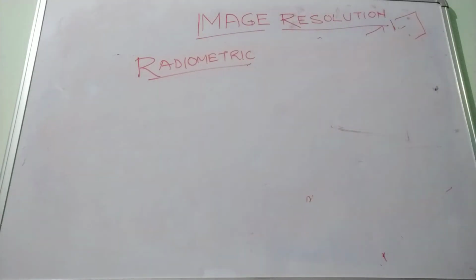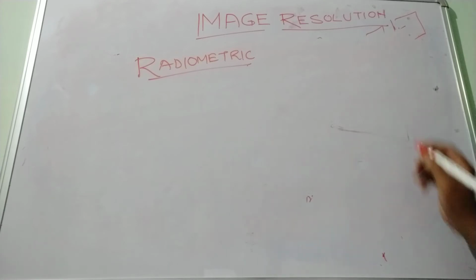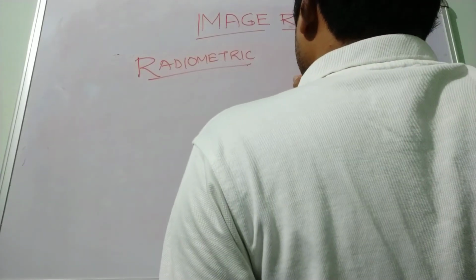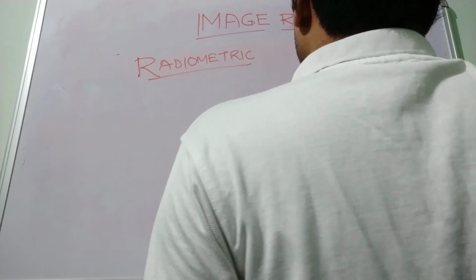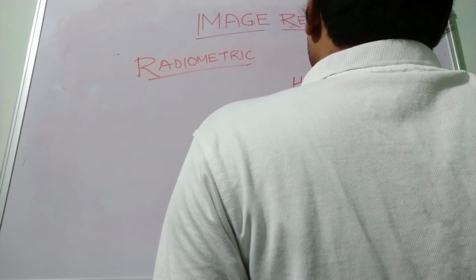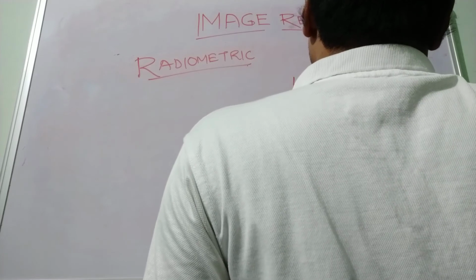This is called the capability of the sensor to discriminate the gray levels for better identifying an object. The higher the number of discrete energy levels, the better the sensor's capability to identify the object.